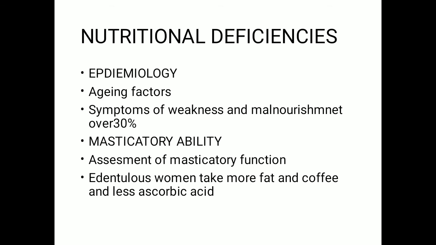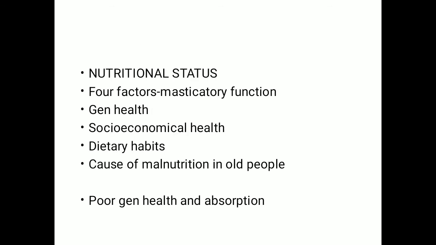Most commonly affected are edentulous women, because they take more fat and coffee and less ascorbic acid. Coming to nutritional status, there are four factors involved: general health, socio-economic status, dietary habits, and causes of malnutrition in old people. The final one is poor general health and absorption.